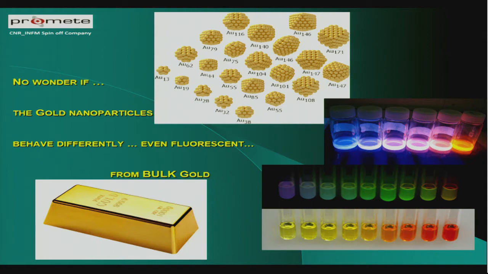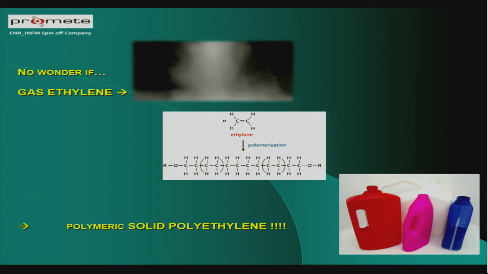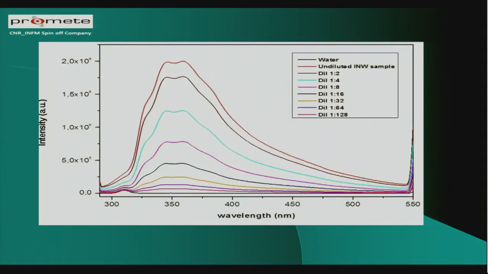No wonder if this happens now. It is very well known. No wonder if gas ethylene, under a well-known procedure, becomes a polymeric solid. So something similar is happening with water.